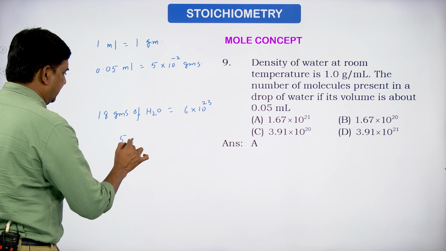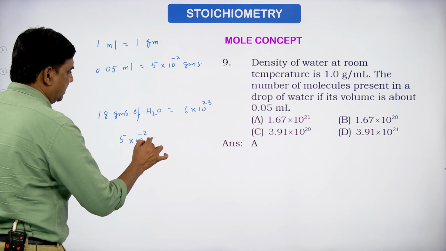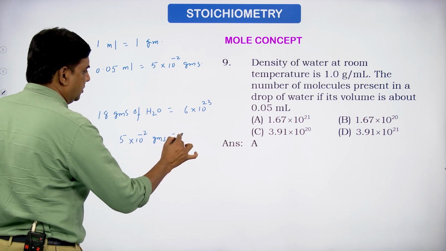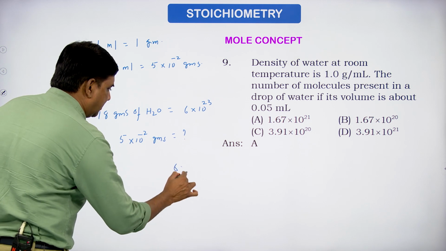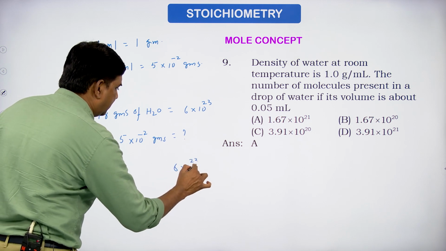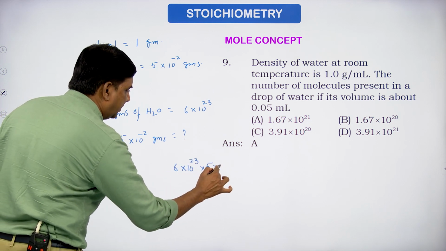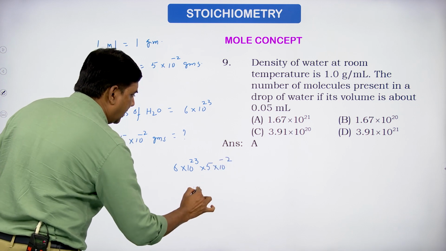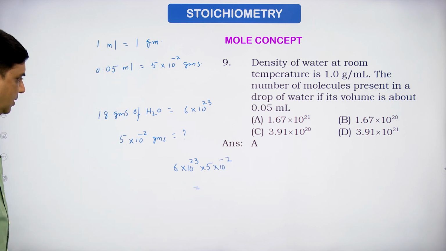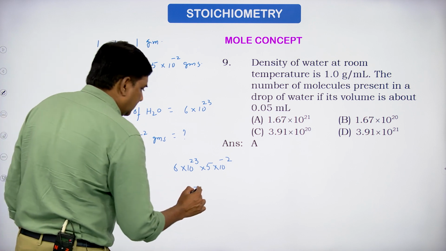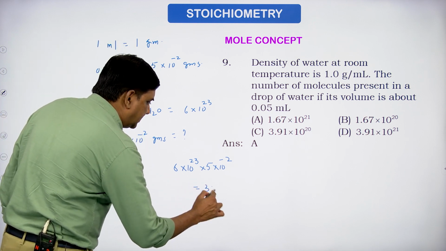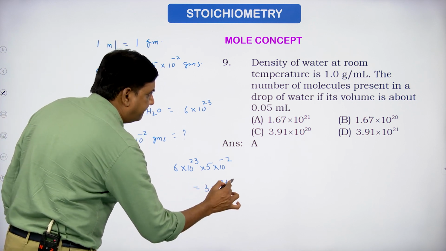So 5 into 10 power minus 2 grams is equal to how much? That is equal to 6 into 10 power 23 into 5 into 10 power minus 2, which is equal to 30 into 10 power 22, that is 3 into 10 power 22.